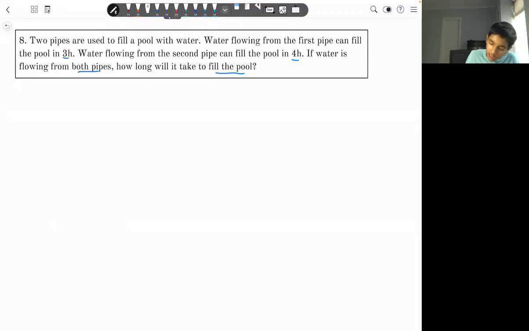In this case, from the first pipe, say pipe number 1, we have one pool for 3 hours. So then in 1 hour, how much? Same thing on the other side. For the second pipe, we have one pool in 4 hours.